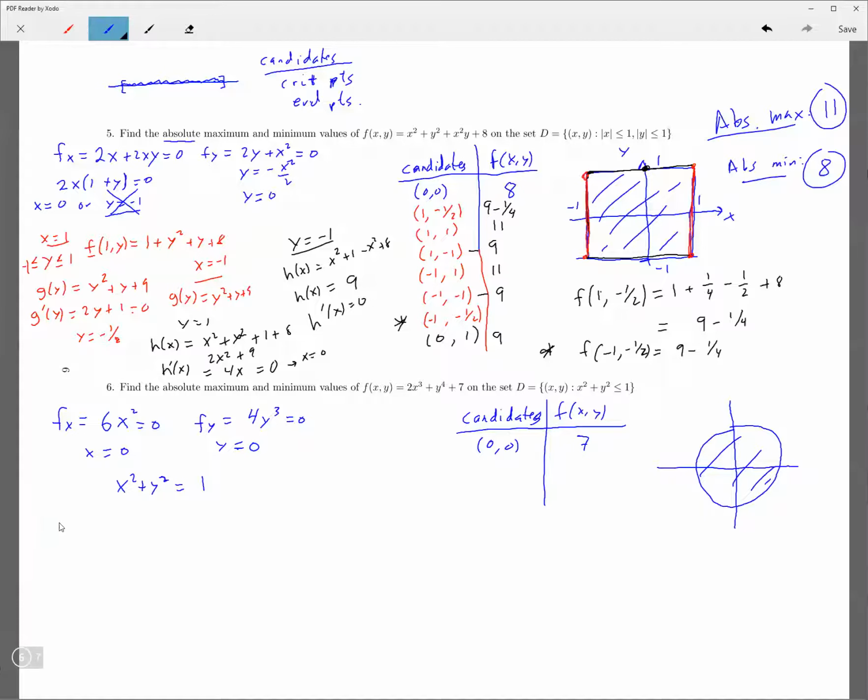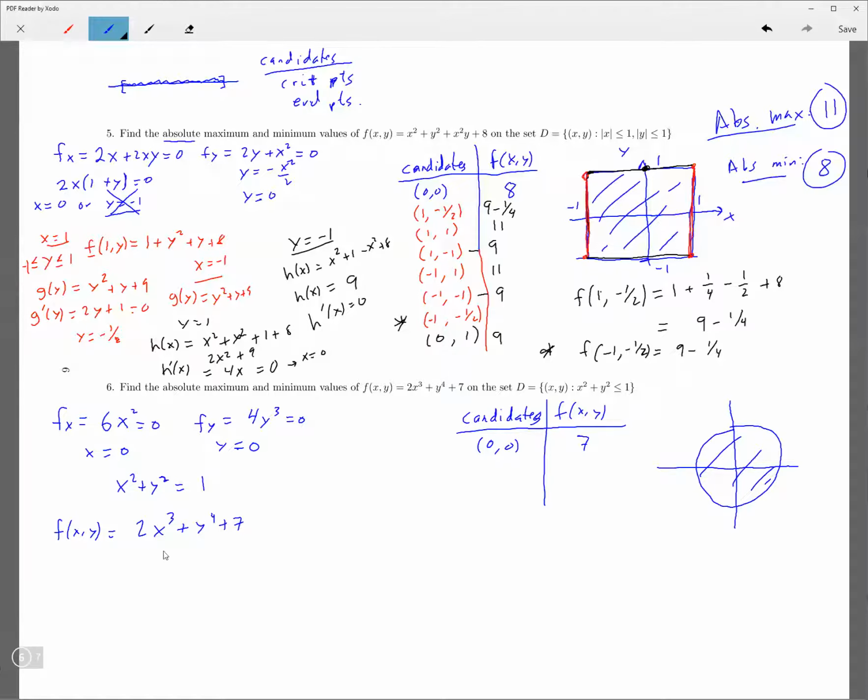So the idea is you have x squared plus y squared equals 1. That's the boundary. You're only going to consider those points where x squared plus y squared is equal to 1. And here's your function.